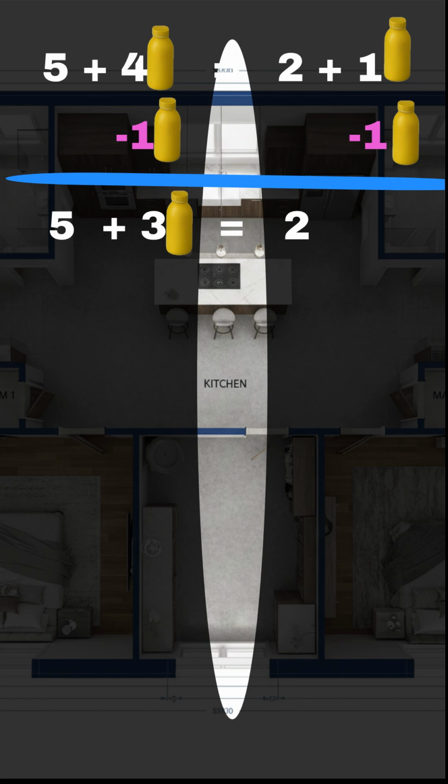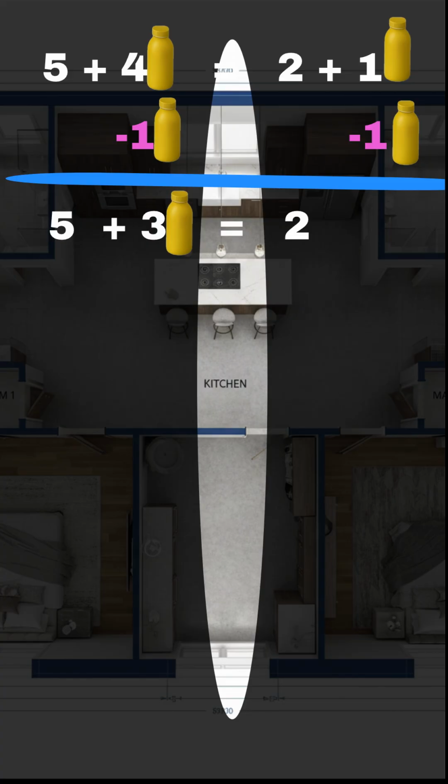Now, we have on the left side 5 in cash. We have 3 containers on the left side. And on the right side, we have 2 in cash. Now, we have all our containers to the left side.